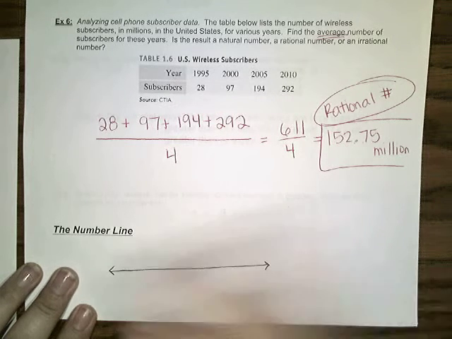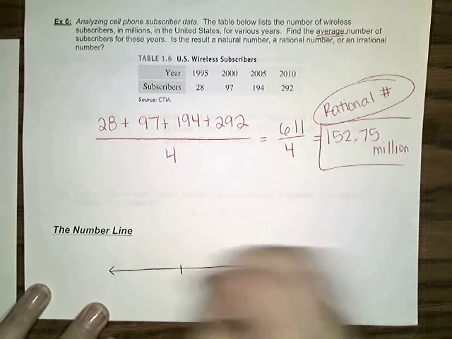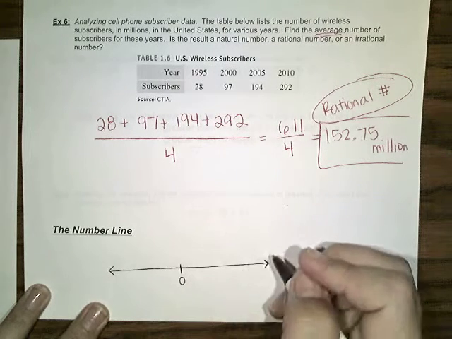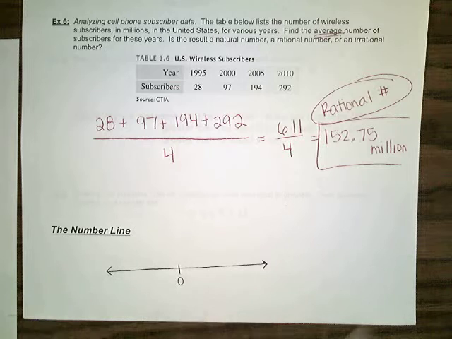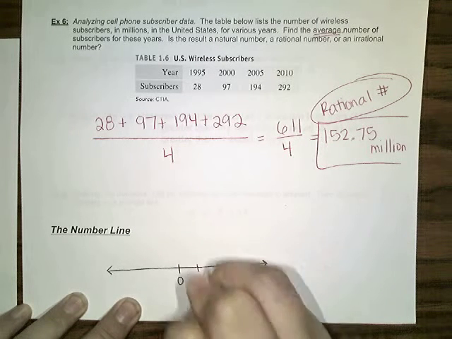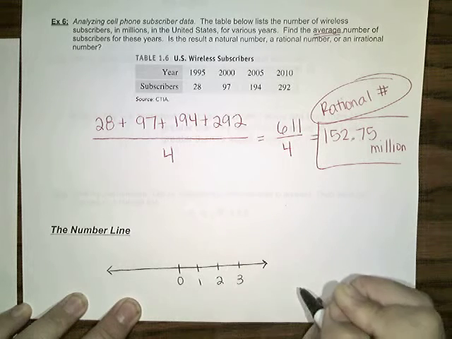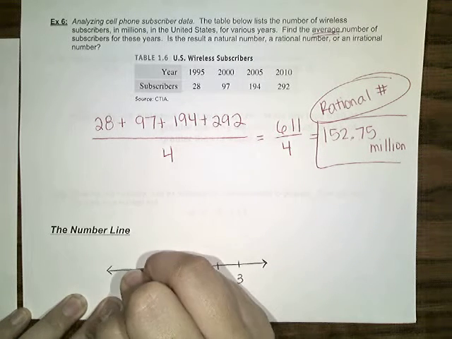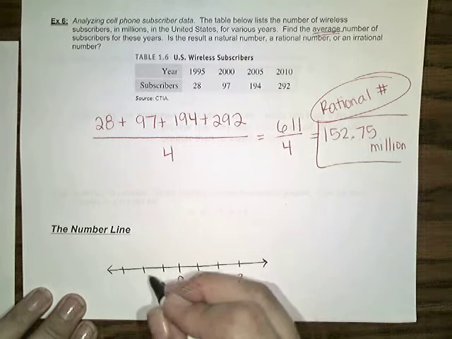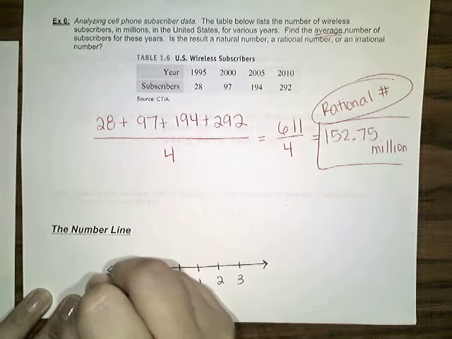Typically, we see number lines that move left to right. Normally, in the center, we have 0. And then, moving out to the right, we have positive numbers, positive natural numbers, 1, 2, and 3. Moving out to the left, we have integers, -1, -2, and -3.